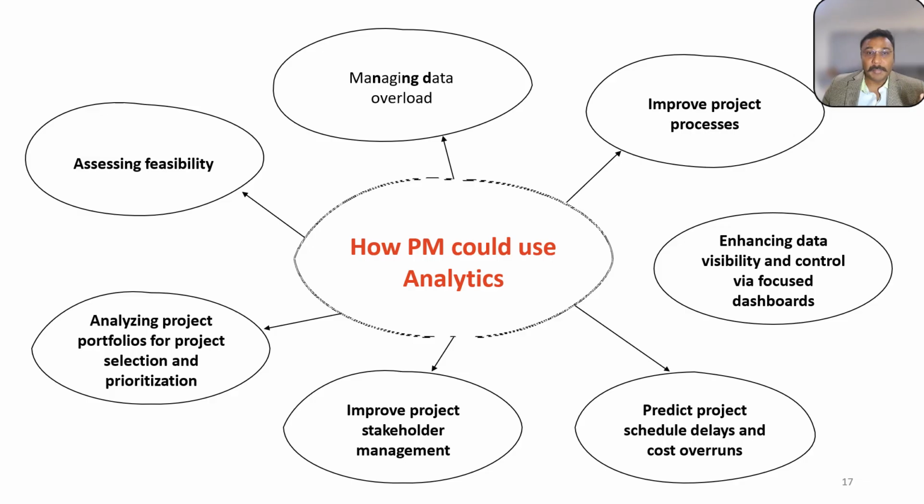Analytics helps manage data overload by filtering relevant information. It supports portfolio selection and prioritization. It improves processes by identifying inefficiency. It enhances stakeholder management through transparency dashboards. It predicts schedule delays and cost overruns. In short, analytics strengthens your control, foresight, and accountability.